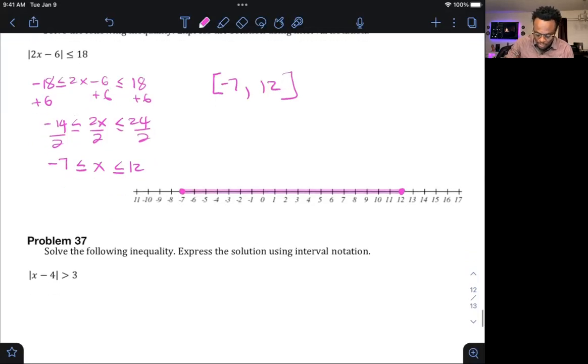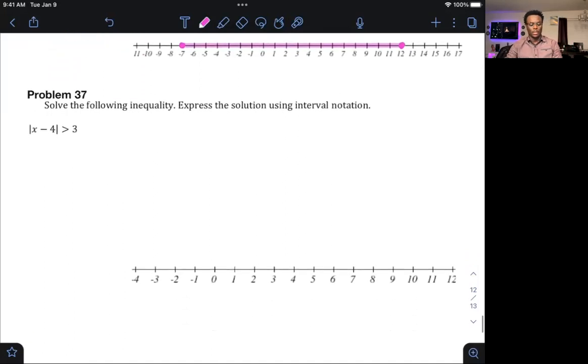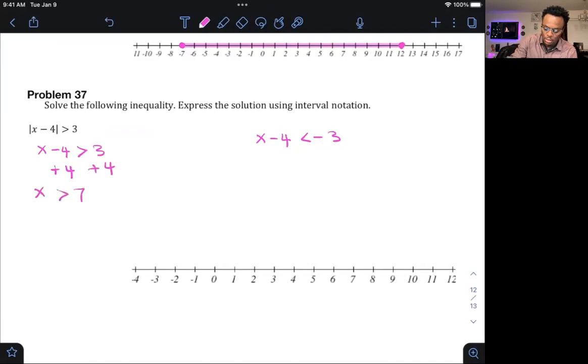Okay, number 37. Let's see. Same thing, right? But you're going to create the two cases. First case is x minus 4 is greater than 3. Second case, x minus 4 less than negative 3. Switch the sign, switch the inequality. Add 4: x greater than 7.